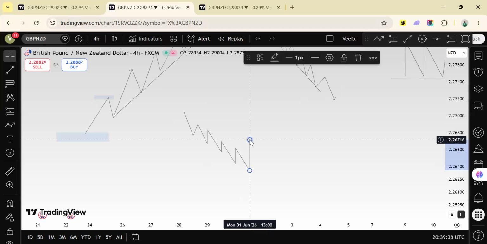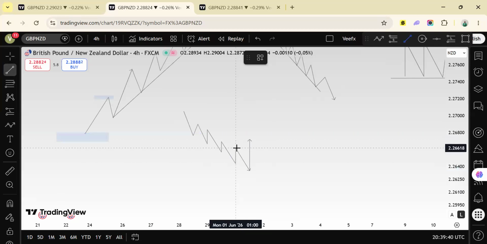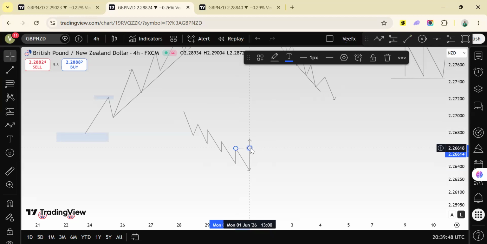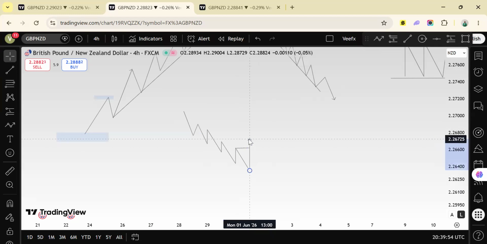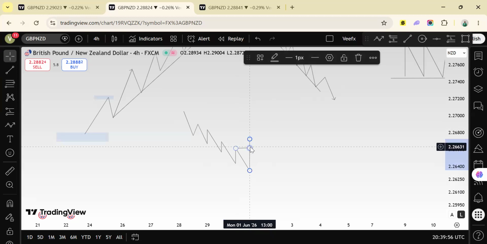Now, your market structure shift must take out your last high or your last low, whichever trend, with a candle body. If this was a wick and then the body stopped here, it's not a market structure shift yet until the body has taken it.